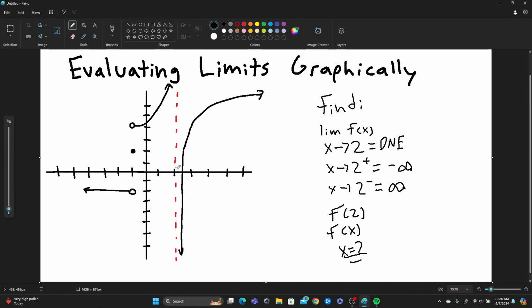So 1, 2, this is x equals 2, but there's no point here. Because there's an asymptote, there's no real point along this asymptote because there obviously cannot be a point on an asymptote. So when x equals 2, there's no real y value. So this also does not exist because there's no real y value for this exact x value.